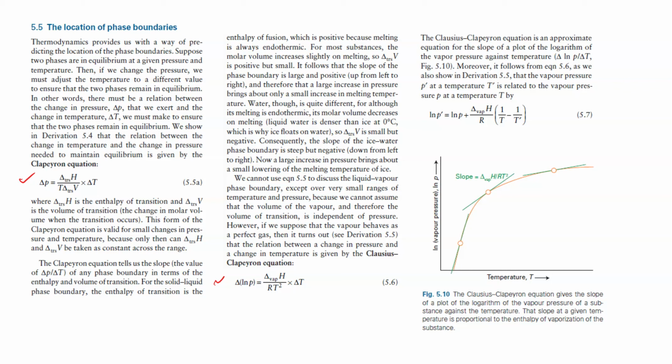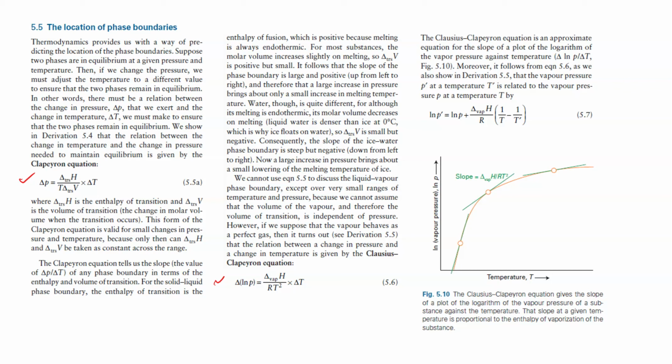We're still looking at delta P, but it's transformed with the natural log. We still have a change in vapor enthalpy. We also still have a delta T, and we're still looking at temperature, but now it's squared, and we have our ideal gas law term.